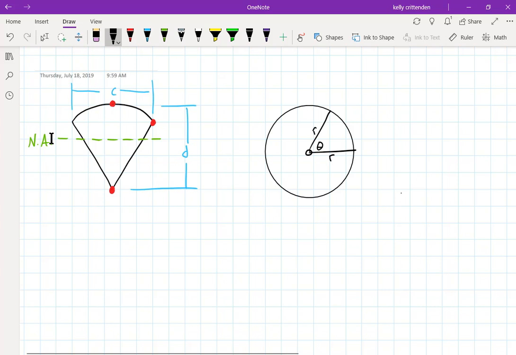If that angle theta was 1 radian, it would mean that this distance here, that arc length, was also r. So a radian is this arc length over that radius.